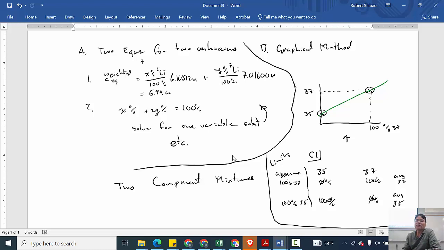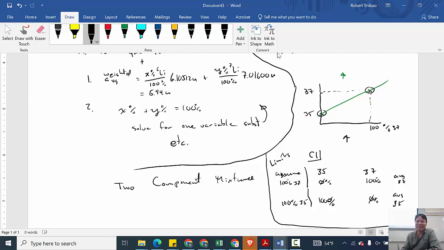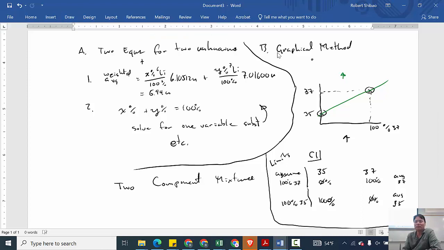Now, we can simplify this graph into a mathematical equation. So let's reduce this graph into the most concise definition we can generate. And what would that be? That would be y, which is the average mass, which we call the average atomic mass, or just the atomic mass.